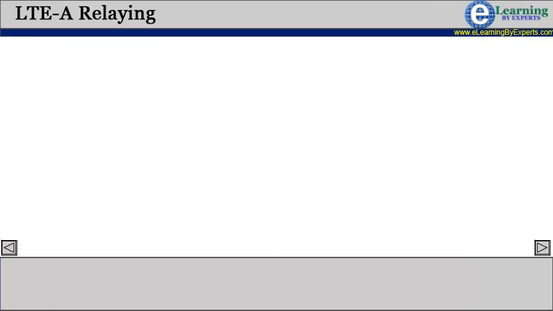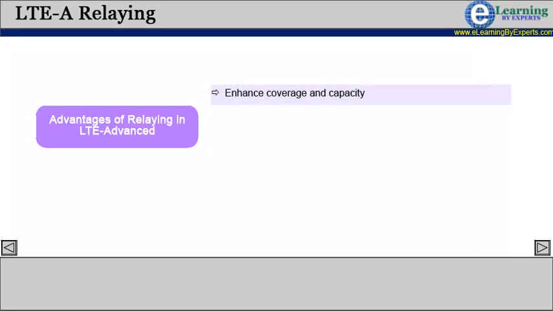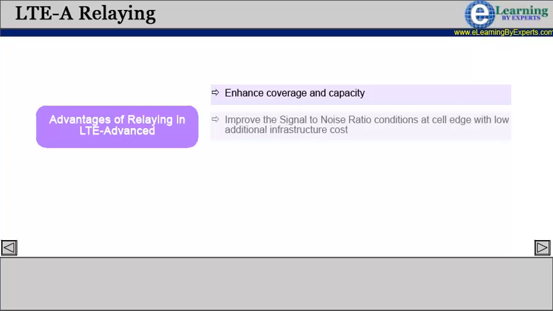LTE Advanced extends LTE Release 8 with support for relaying in order to enhance coverage and capacity. UEs communicate with a relay node, RN, which in turn communicates with a donor eNodeB, DeNB. Relays can be used for improving the signal-to-noise ratio conditions at cell edge with low additional infrastructure cost.